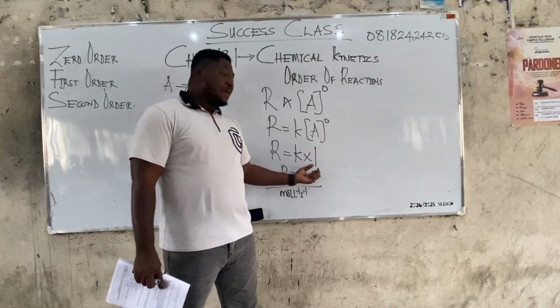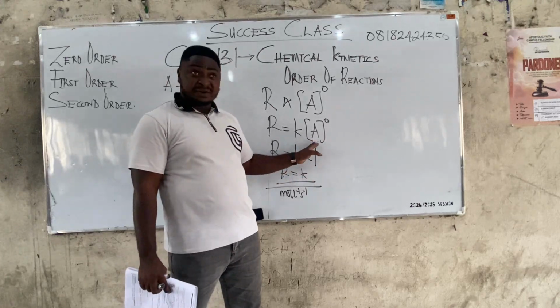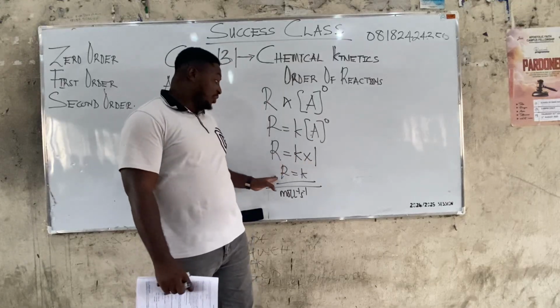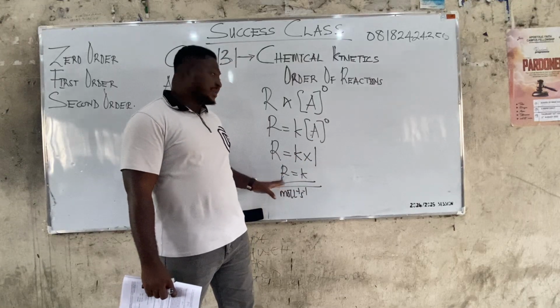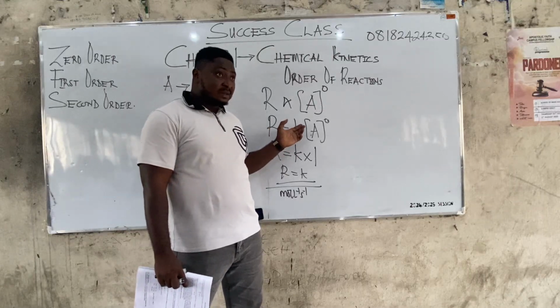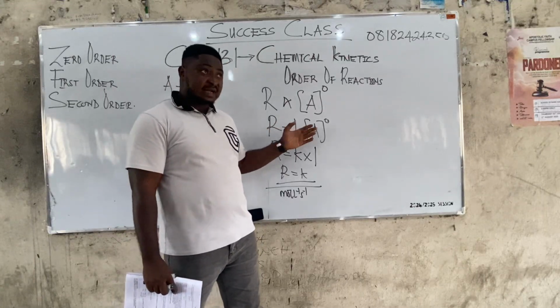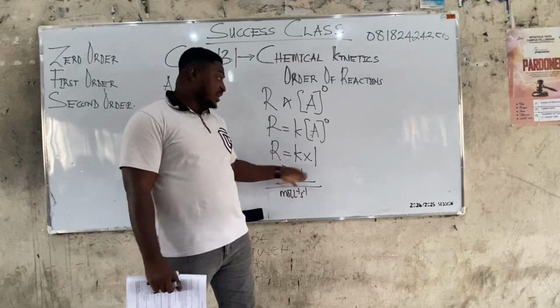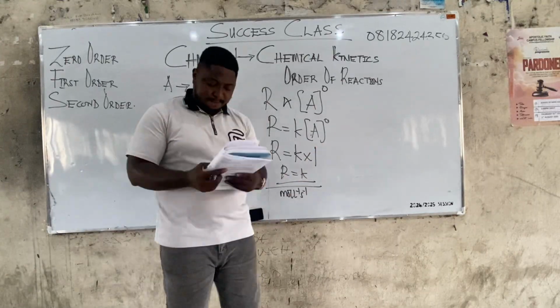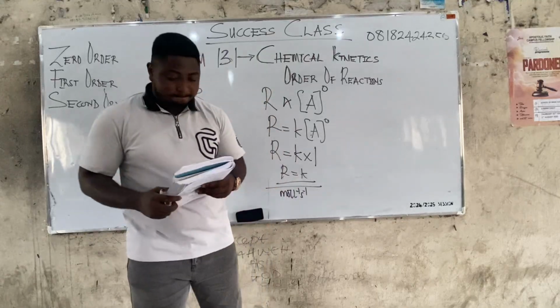Meaning that R is no longer relying on the concentration of the reactant. R is just equal to K. The concentration of the reactant raised to power 0 is 1. Please take note.